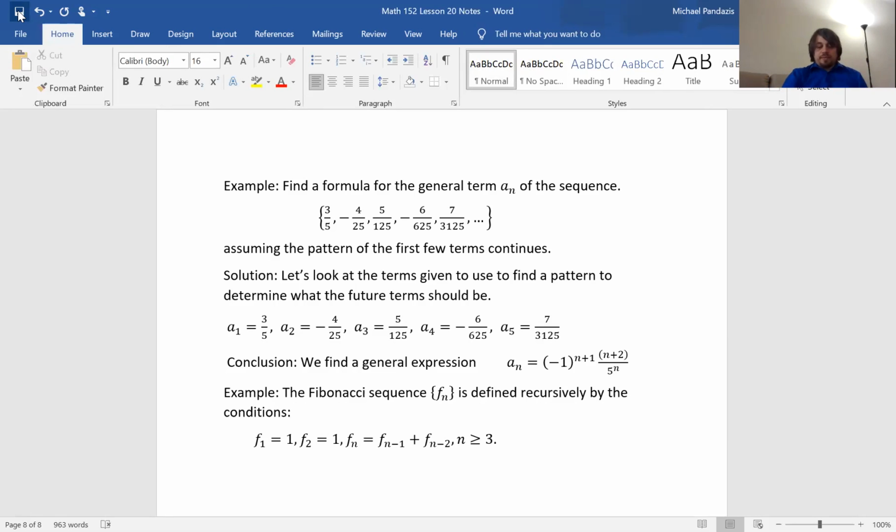Okay, so what I just said is that the Fibonacci sequence f sub n is defined recursively by these conditions.